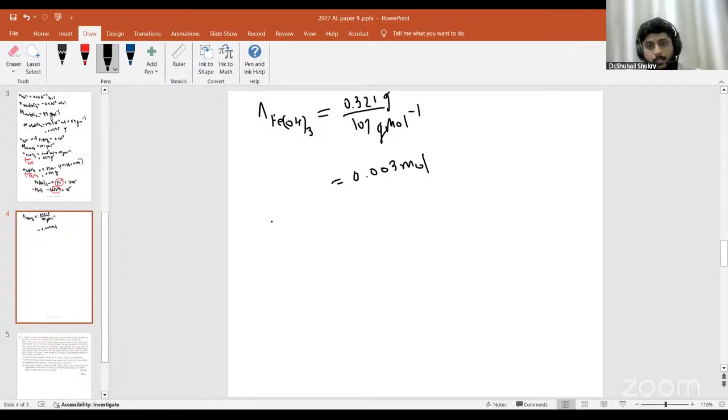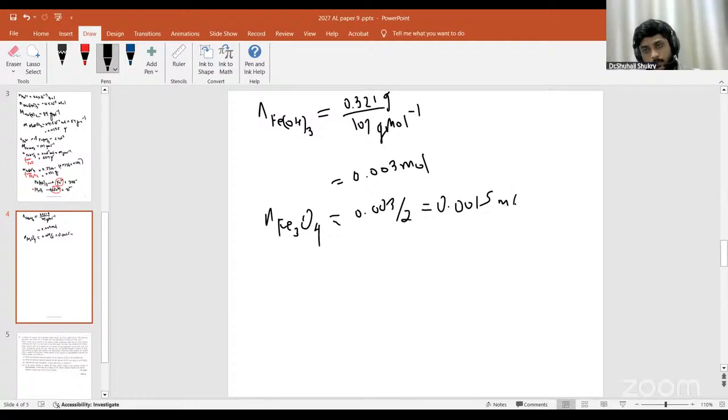Therefore, you can find n of Fe2O3, which should be half of this. 0.003 divided by 2, so you get 0.0015 moles. This is the Fe2O3 moles.